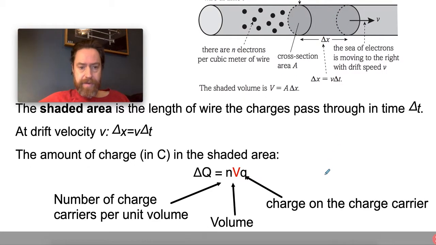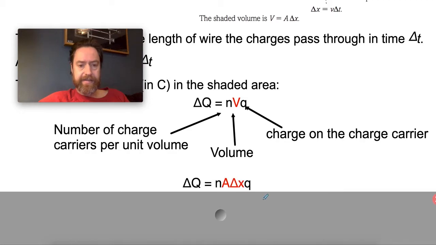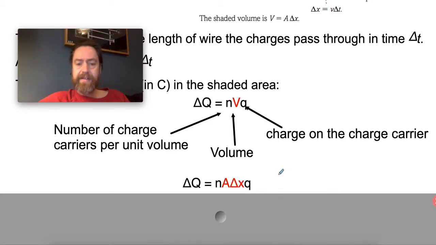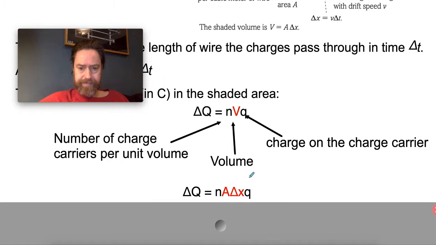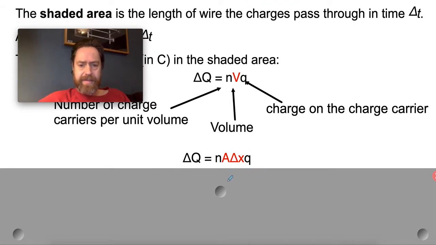Now, we said earlier, and it's written up here, but I'm going to break it down ever so slightly, that the volume is going to equal the area multiplied by the distance the charges move through in that time. So that's the A times delta x. And that should be fine. Now what can we do with this?